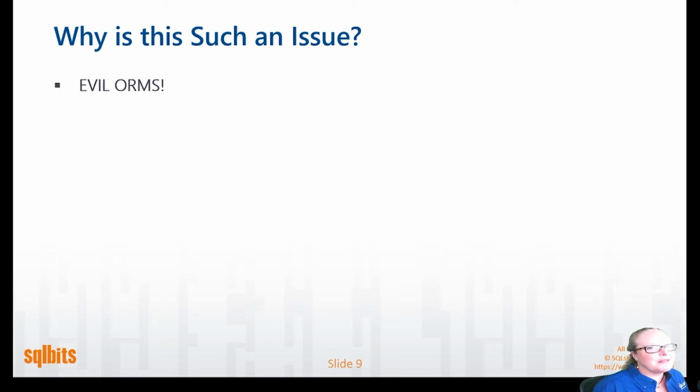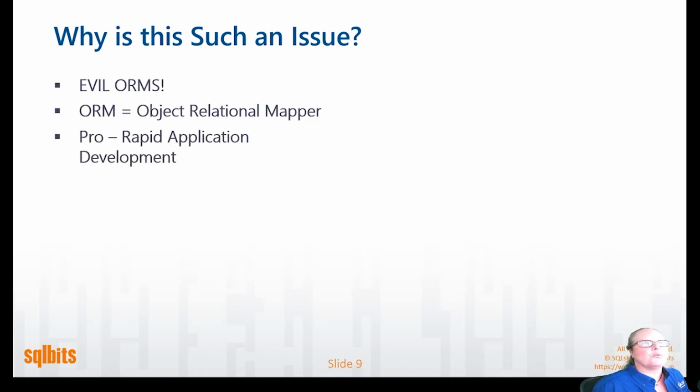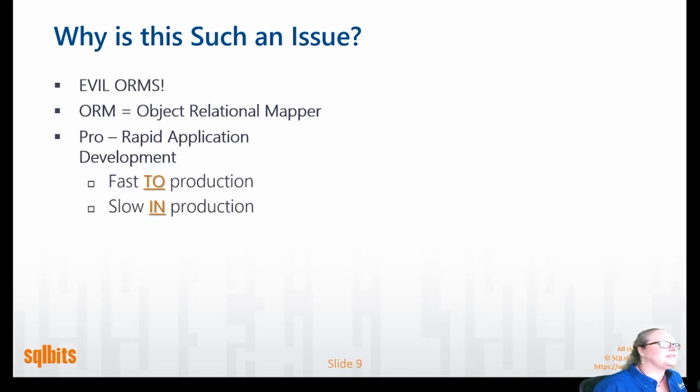And I do have to blame some of this on ORMs. ORMs are object relational mapping applications, and they're known for their wonderfully rapid application development. And they can get that application out there so we can see if that application works and so forth. But the problem is you might get fast to production, but you might be incredibly slow when you're in production with these ORMs.